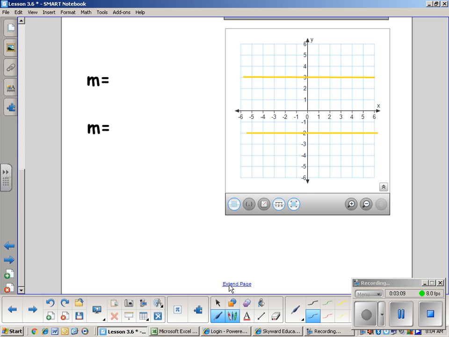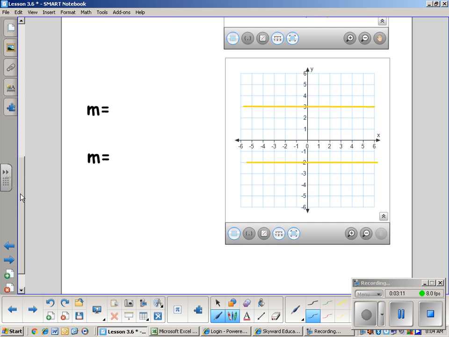So if I look at these two lines, we'll just say L1 and L2. Give me 2 points on this one. Let's say this point right here and this point right here. What's the ordered pair for that first one? 1, 3.